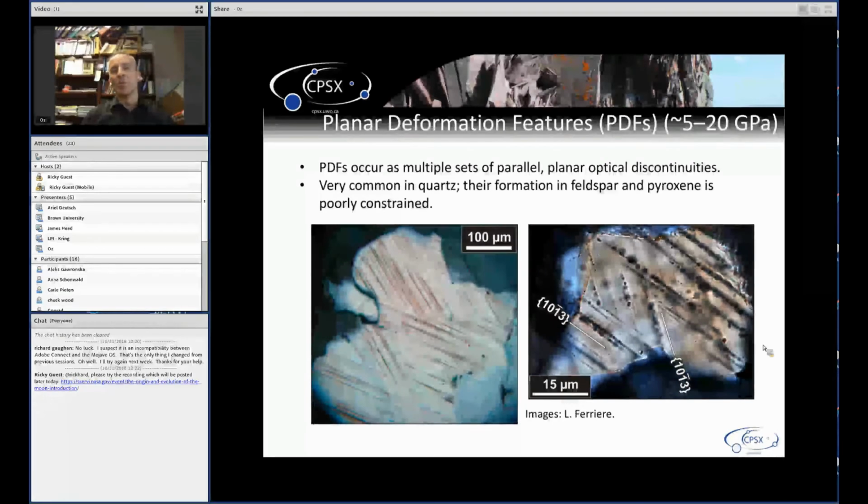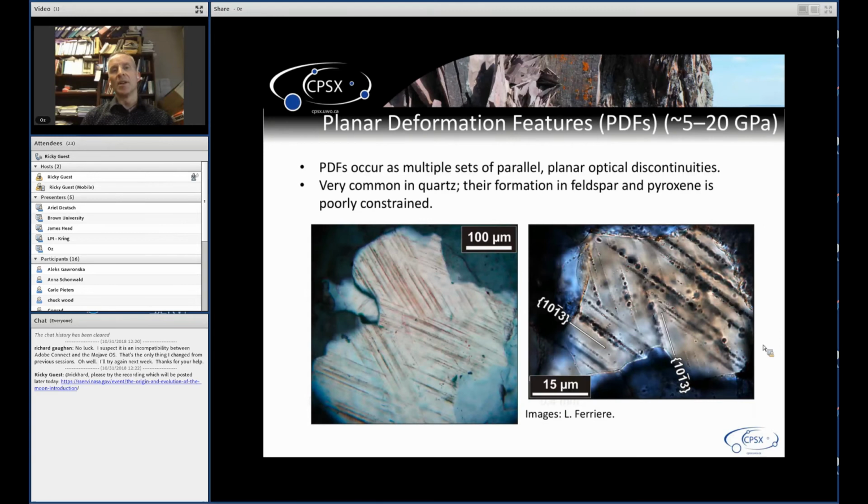Most of our knowledge actually comes from looking at quartz, which of course, as you'll know already, is not common or completely absent on the moon and most other objects in the solar system. So, it's something that we need to relook. The shock in feldspar and pyroxene definitely hasn't been as well studied as quartz.